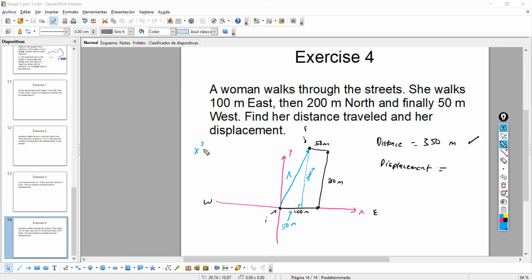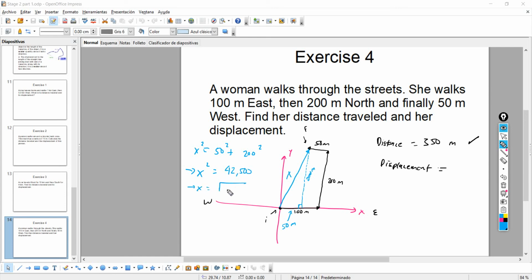So x squared will be equal to 50 squared plus 200 squared. I'm ignoring the units. So how much is this? Let's do that in the calculator. That's going to be 42,500.